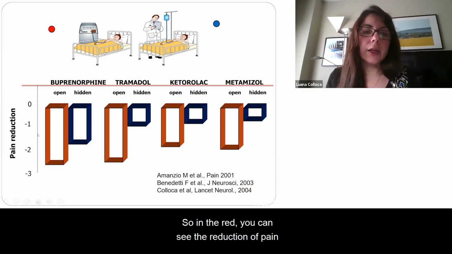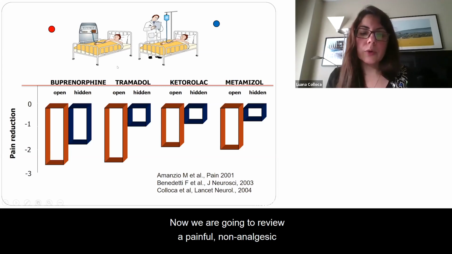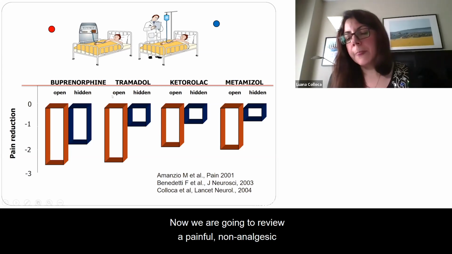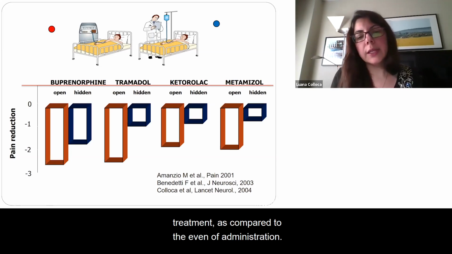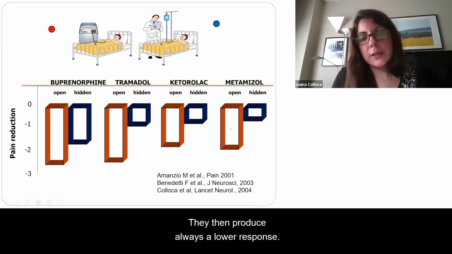In red, you can see the reduction of pain when they were informed, "Now we are going to give you an analgesic treatment," as compared to the hidden administration. The hidden always produces a lower response.